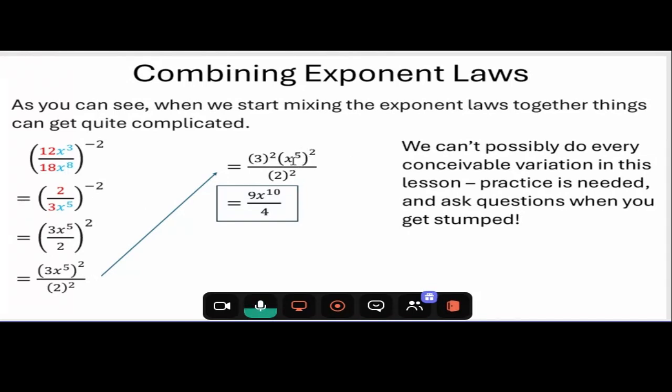And then here, look at this. We even had a power raised to a power. We multiplied 5 times 2. So we had all but one, I think, of our exponent laws come up in some way in that question. The only ones that didn't really come up, well, I guess the zero didn't come up, but also the multiplying with the same base, add the exponents didn't come up.